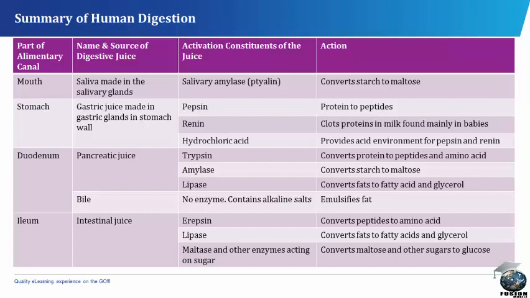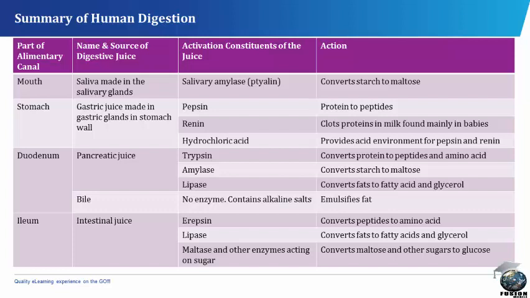In the mouth, saliva is made in the salivary gland, and salivary amylase or the ptyalin is the activation constituent of the juice, and it converts starch to maltose. In the stomach, gastric juice is made in the gastric gland in stomach wall. The activation constituents of the gastric juice are the pepsin, the renin, and the hydrochloric acid.